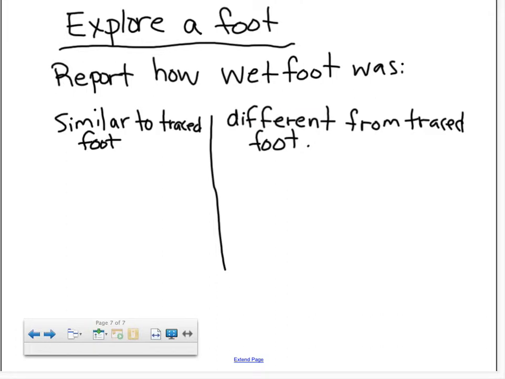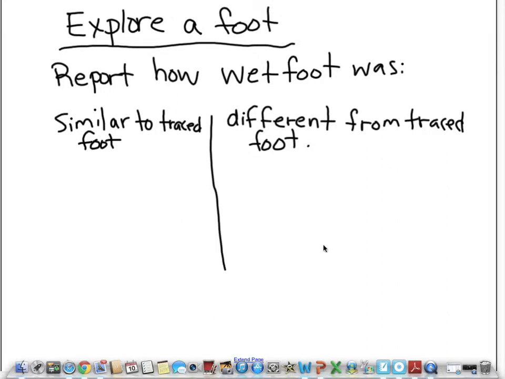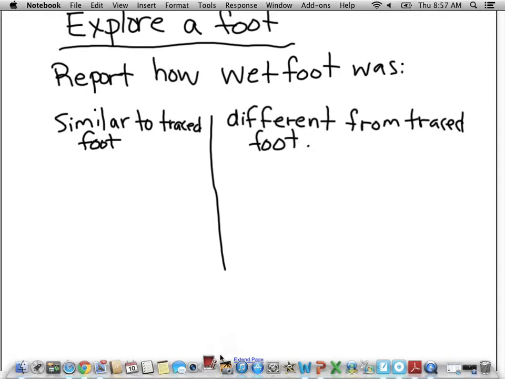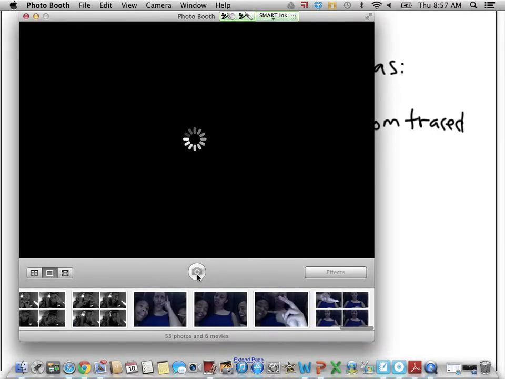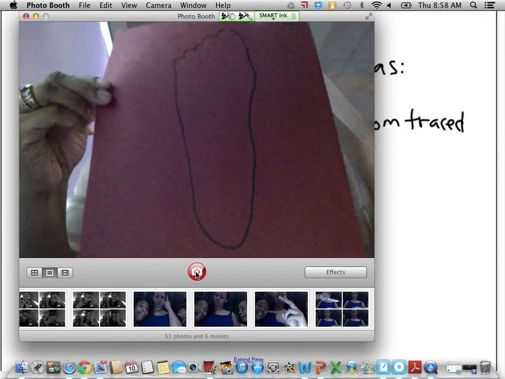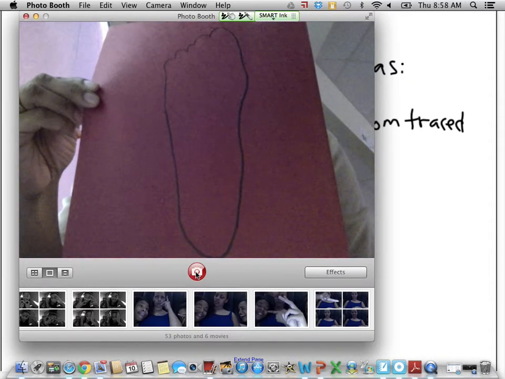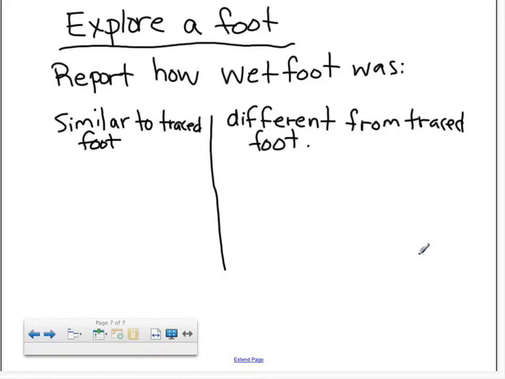Give me one second. It's going to be a camera. Do you all see the foot?